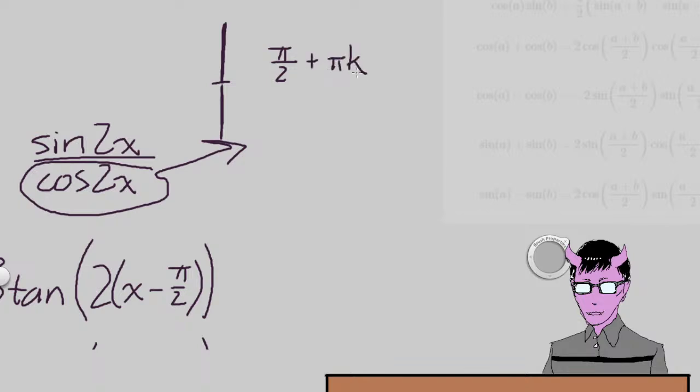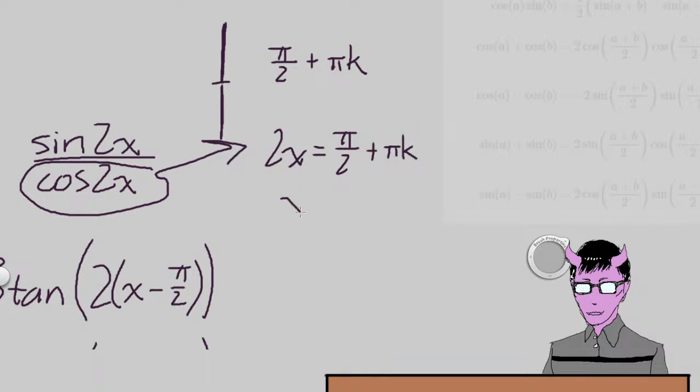And k is going to be some sort of integer. So that's the default. This one leads to the default vertical asymptotes. But it's modified by 2x, so we force 2x to be equal to this. It should feel like a familiar strategy, because we've done this when we're solving for angles inside cosine functions. Okay, so plus pi k.